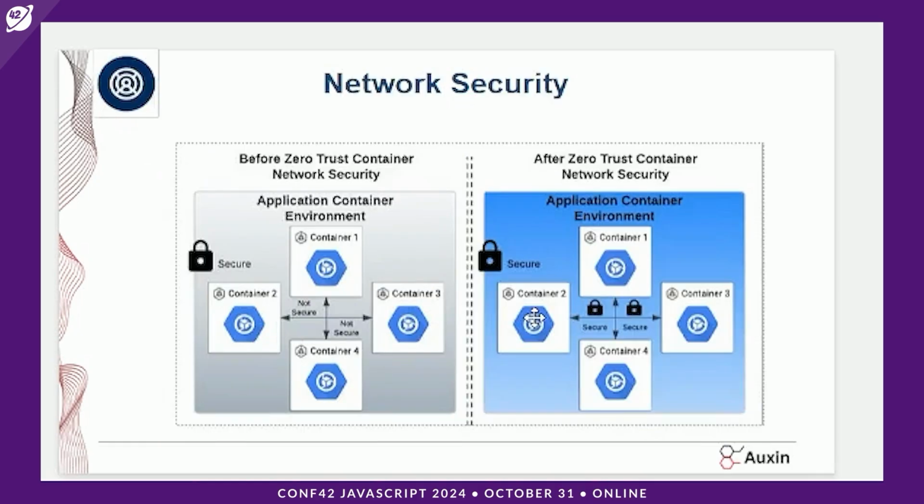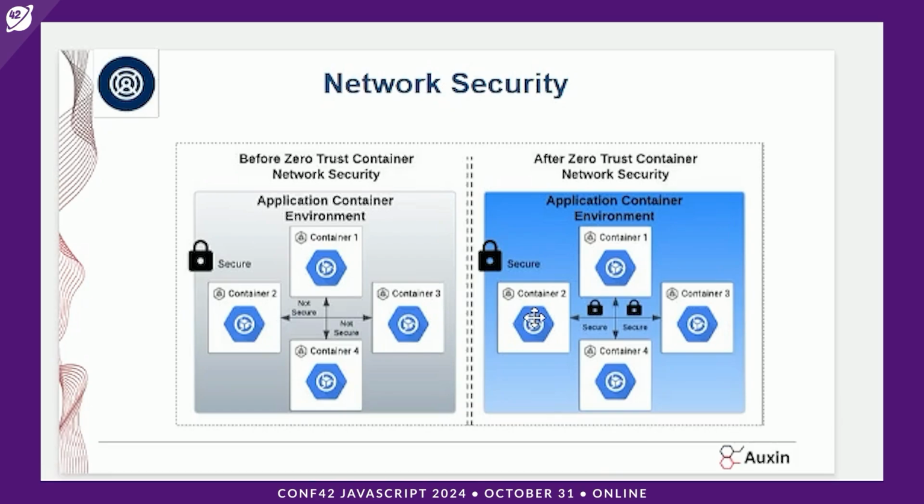Before zero trust, all containers 1, 2, and 3 are unsecured and vulnerable due to unprotected communication paths. But after zero trust, network security for every container benefits from consistently applied security policies. Containers are isolated and protected by secure network policies, reducing the risk of unauthorized access and lateral movement.